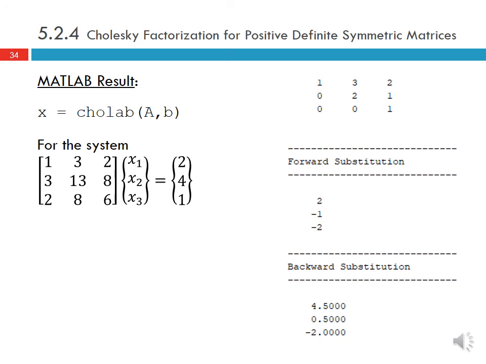This shows the result of the forward substitution method, which gives us the vector y, and then the backward substitution method gives us our vector x. So this is our final result.